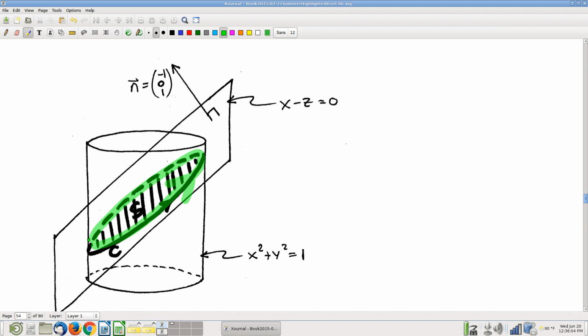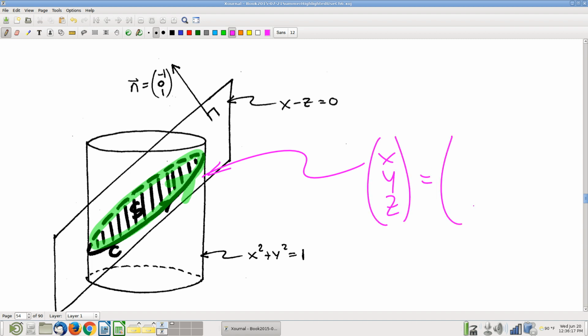Now I'll point out what you could do, and again I'm not endorsing this, is parameterize this curve. This curve is pretty easy to parameterize. It's not that bad, because you can just parameterize with x equals cosine t, y equals sine t, because the x and y coordinates are just going around the unit circle.